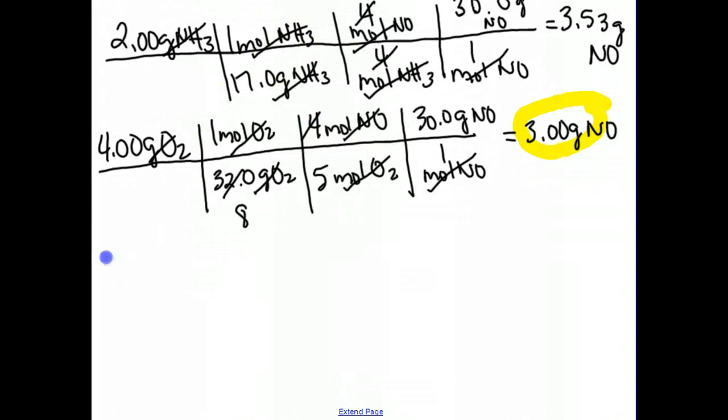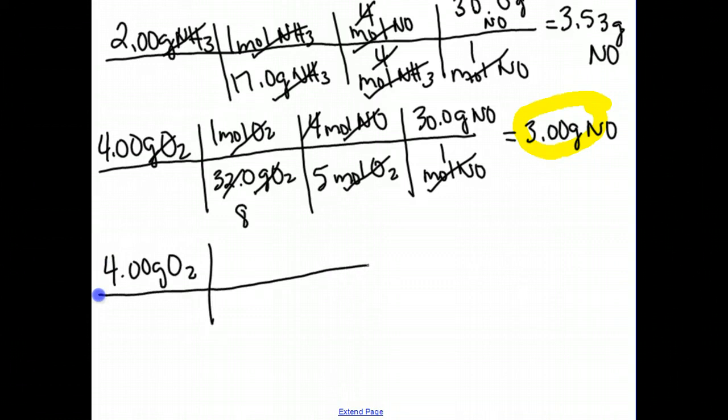We have 4.00 grams O2, 1 mole O2 for every 32 grams of O2.